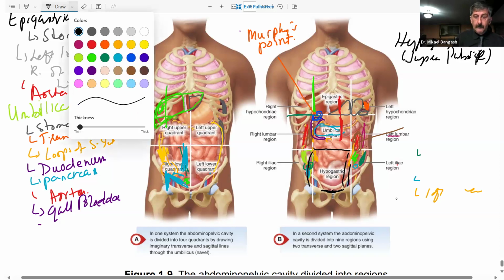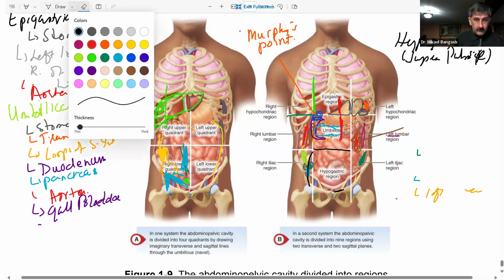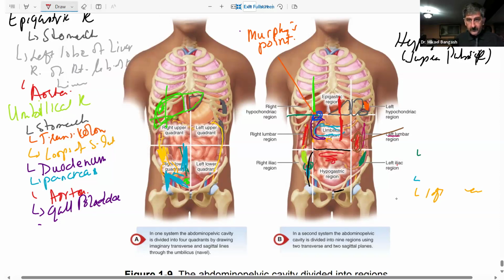Now, guys, what may be visible, first things first, are loops of the small intestine.